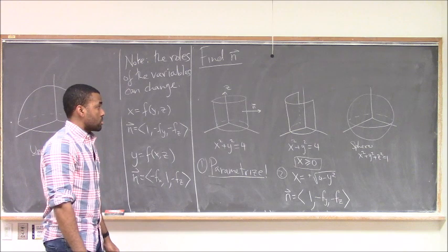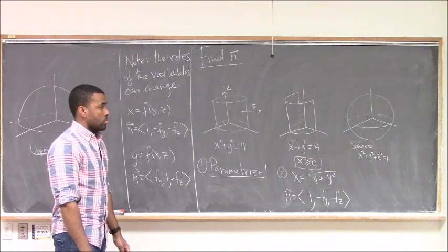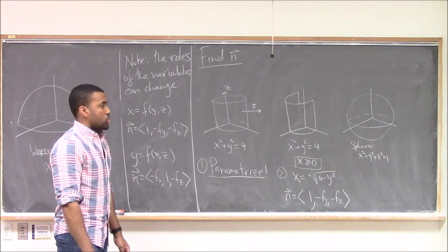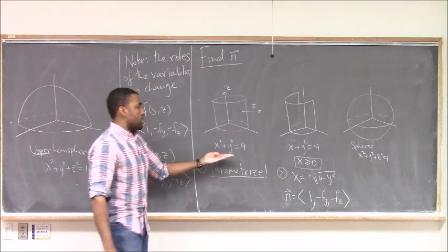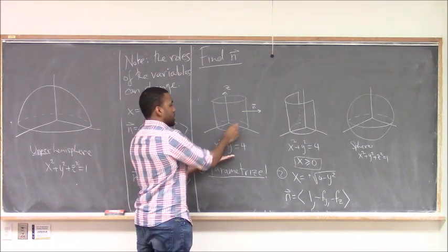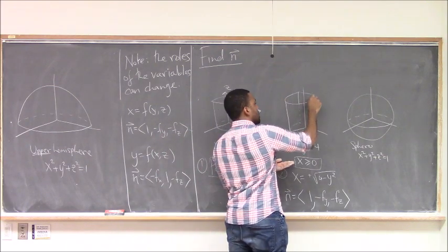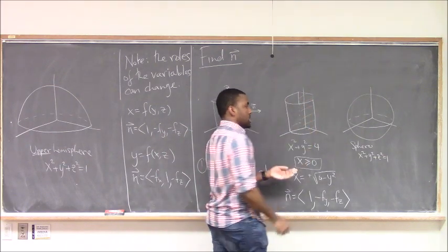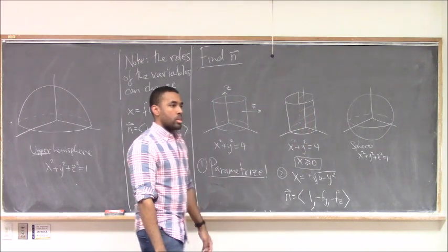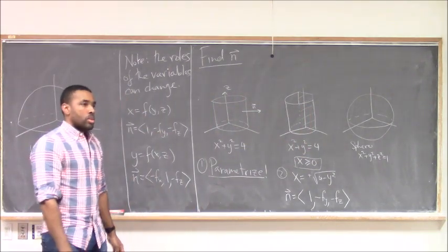But isn't it the same in the second case? Sure, but that's if I'm thinking of this in terms of the xy plane. Here, what I did was project onto this rectangle, so I'm actually thinking of things in the yz plane. I changed my perspective.